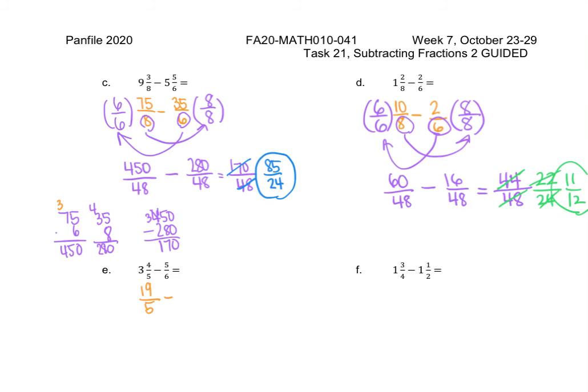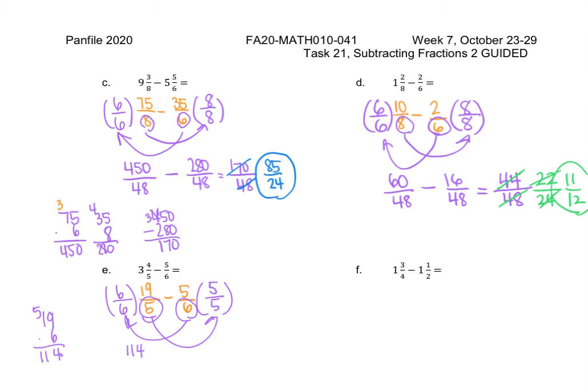All right, for this one, when we do the improper fractions, again, we only have to switch 1. We're going to get 19/5 minus 5/6. We're going to set up for our common denominators. 114 over 30 minus 25 over 30.